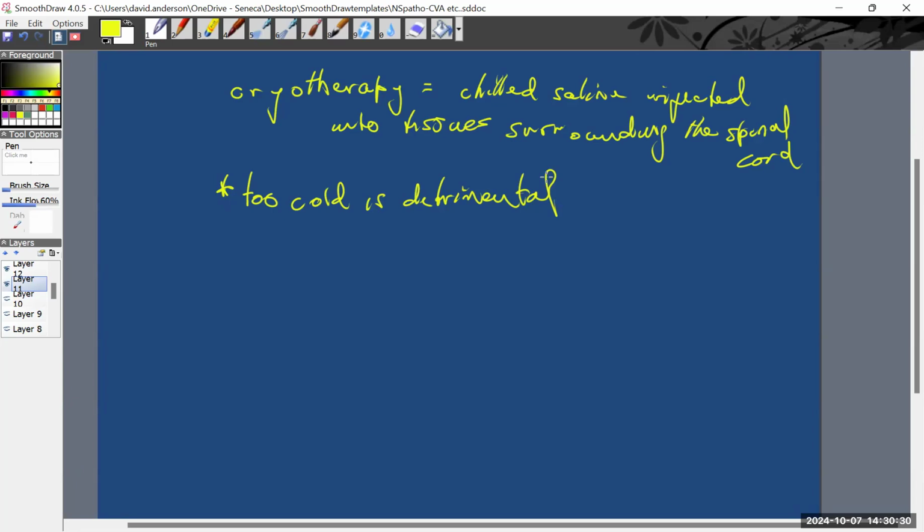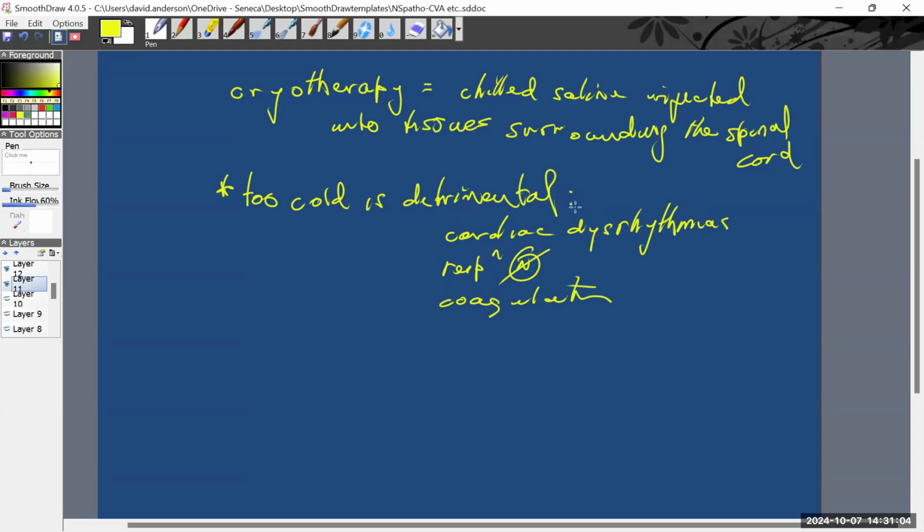So it's a tricky balance between trying to establish those advantages, those 5 or 6 advantages that we listed, against the detrimental effects of cardiac dysrhythmias, respiratory pathology, or coagulation. So that's a balance that we have to consider.